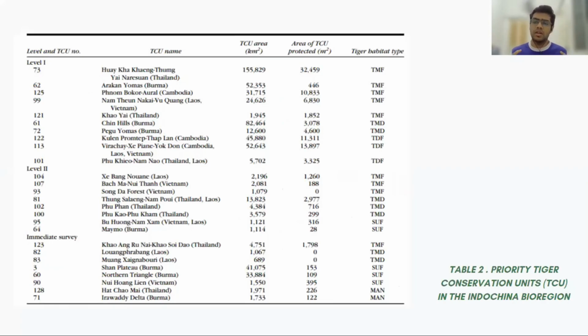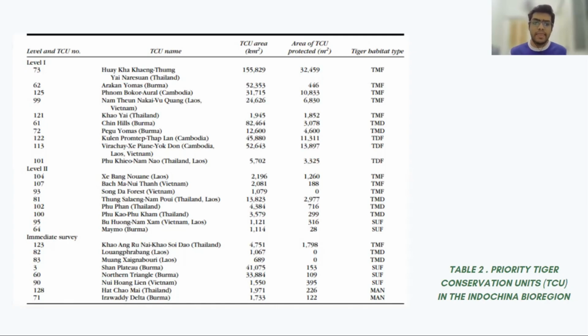However, the second bioregion, the Indo-China bioregion, consists of a few countries as well, such as Cambodia, Laos, Vietnam, Burma, and Thailand. Here, the tiger habitat type mainly focuses on three: tropical moist forest, tropical moist deciduous forest, and tropical dry forest.